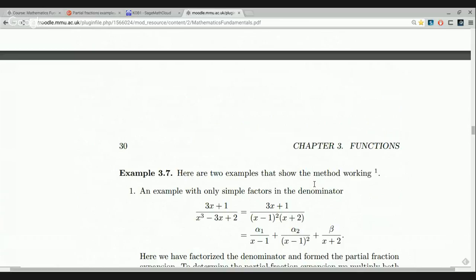The only way two polynomial functions can be the same is if their coefficients of corresponding terms agree. So it must have the same coefficients as the original numerator, which is 3x plus 1.